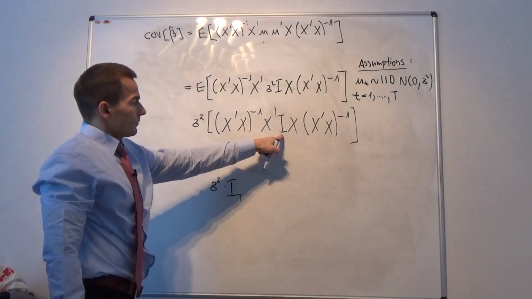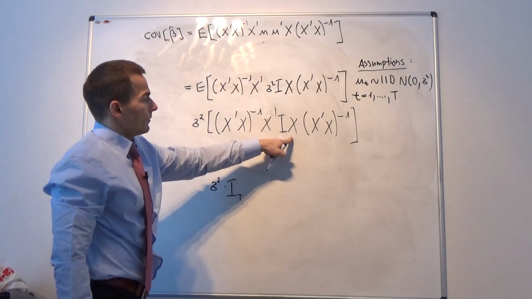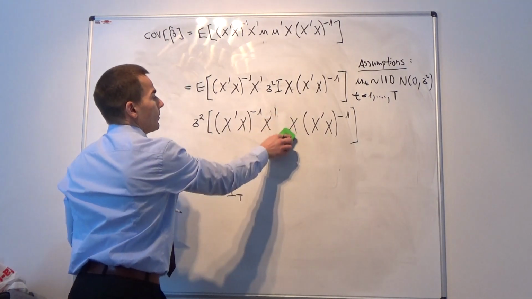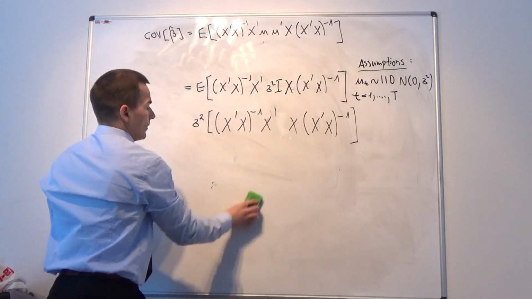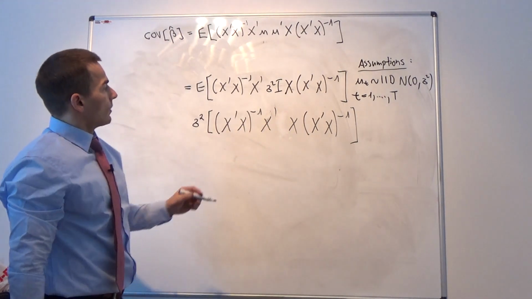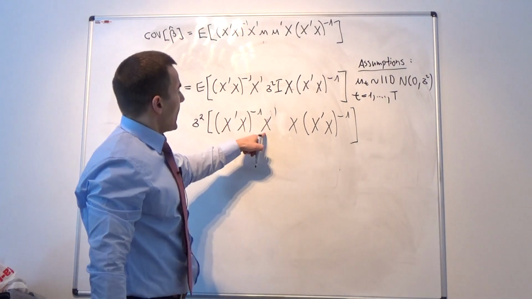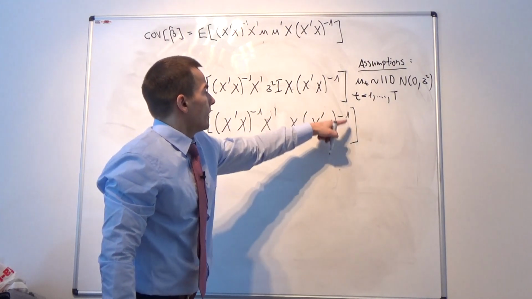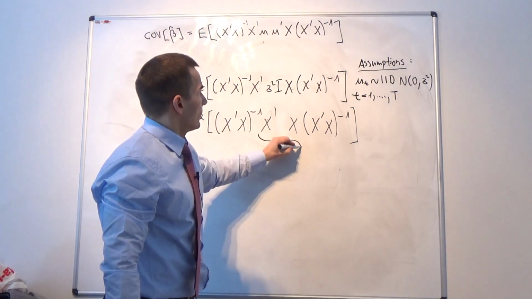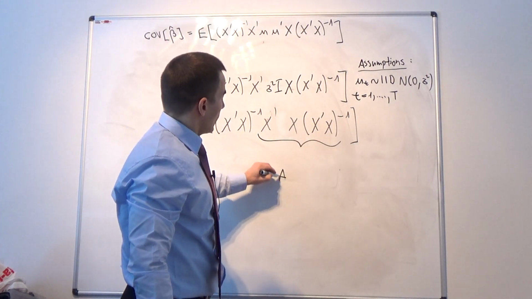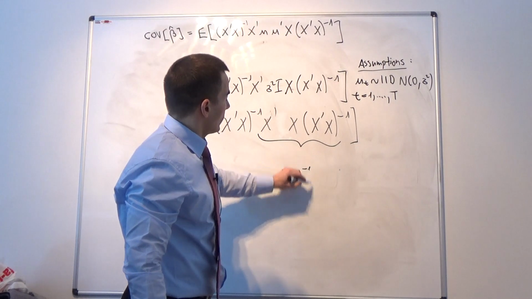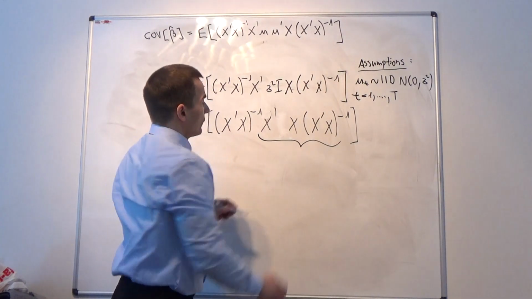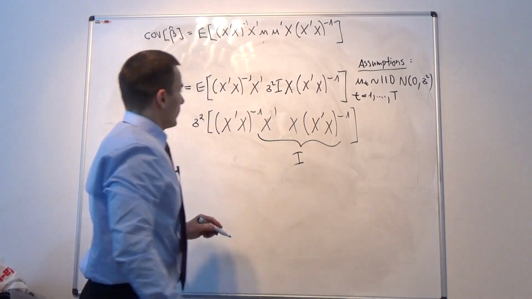What's the identity matrix times x? That's x, so the identity matrix obviously doesn't change anything here. We can just move it back. So what do we have here? It's x transposed x times itself inverted. And we know this is the same as A times A inverted, and that's the identity matrix. So what comes out here is the identity matrix as well.